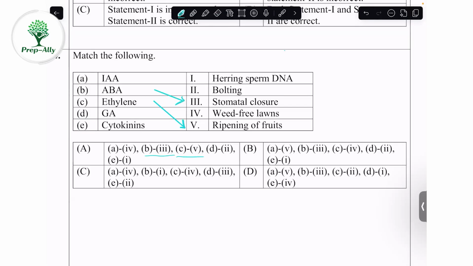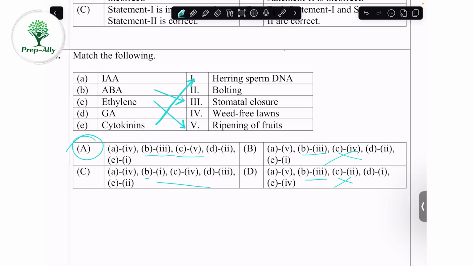Here, here, but it's not correct here. Here, but it's not correct here. No. Okay, so our assumption is A. We'll check the others. If you take cytokinin, that is for herring sperm DNA. Cytokinin was first seen in herring sperm DNA. Got it.